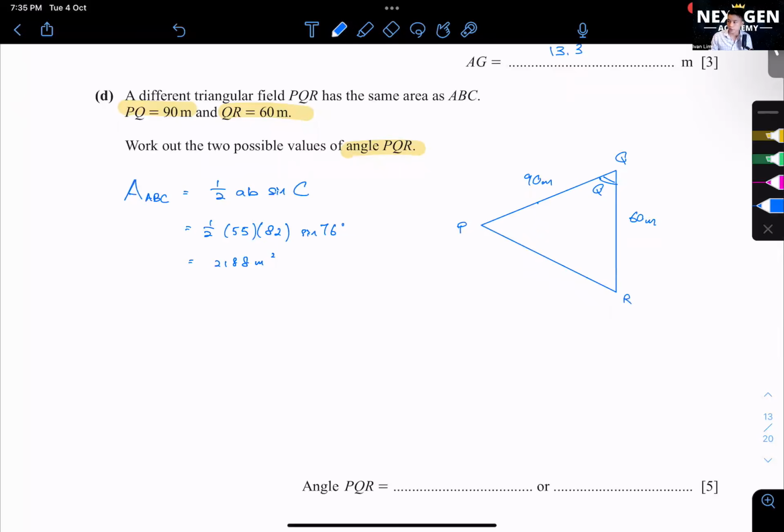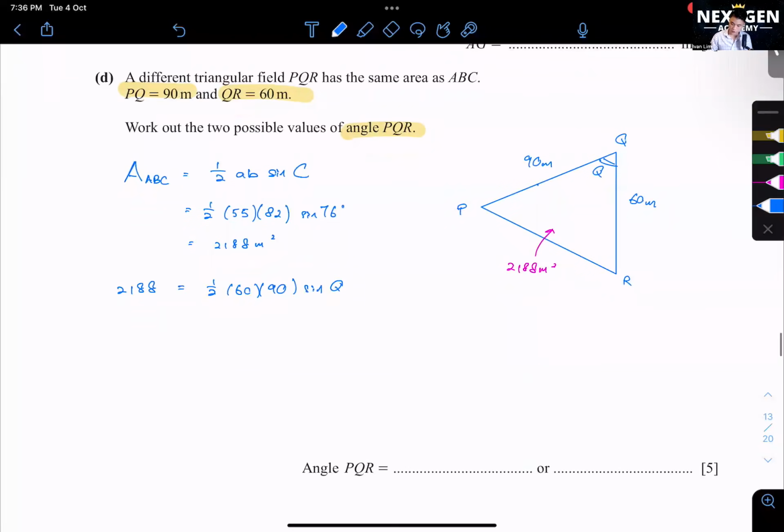Okay, so they say that the area is the same. Therefore, this area is also 2188 meter squared. So 2188 equals half ab sine Q, or angle PQR. Okay, go and solve this.